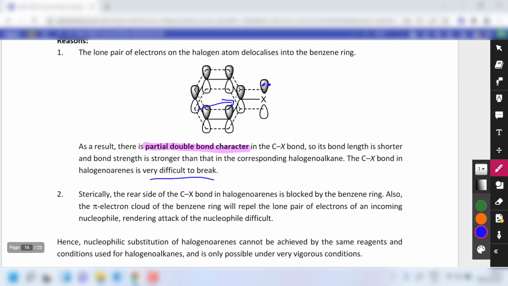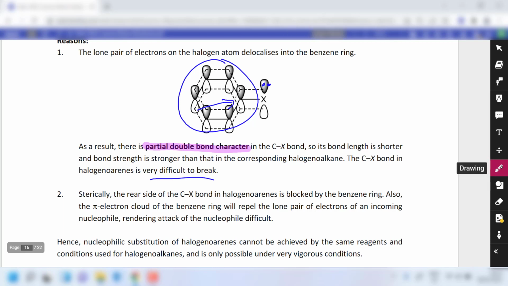Now, it's very difficult to approach from the rear like this because the benzene ring blocks the approach by the nucleophile. Because of that, the rear of the C-halogen bond is very bulky, so it will tend to repel incoming nucleophiles. So remember this.